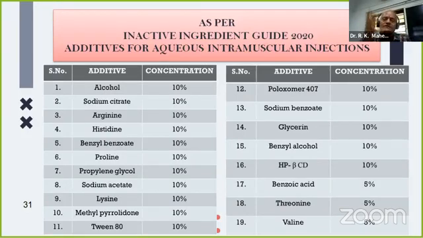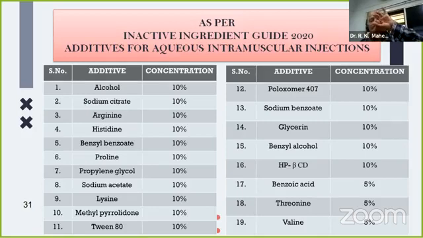Now you see the example. This table was explained earlier also, this is the safe list of additives which can be employed in intramuscular injection. So I am talking about the intramuscular aqueous injections. Now you see you can make one blend in this way: ethanol 10%, sodium citrate 10%, arginine 10%.